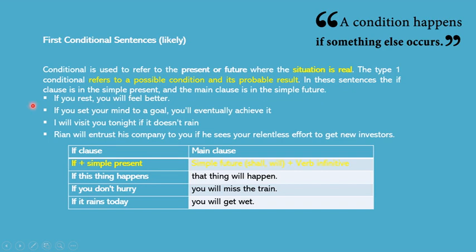For example, if you rest, you will feel better. This is the simple present, if you rest, and this is the simple future using will and the infinitive verb, feel.